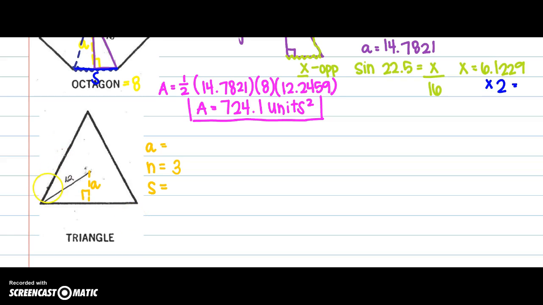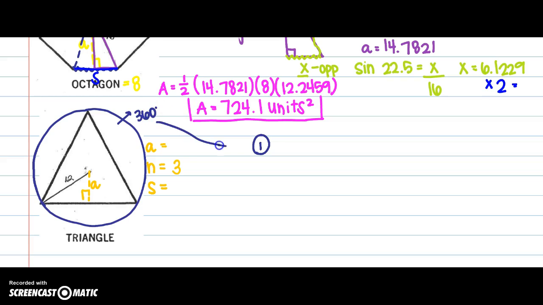Even if, because a triangle has my interior degrees as 180, that doesn't necessarily change my steps because remember this is a circumscribed regular polygon. So because a circle has a total degree of 360, that is why I use 360 in my first step.